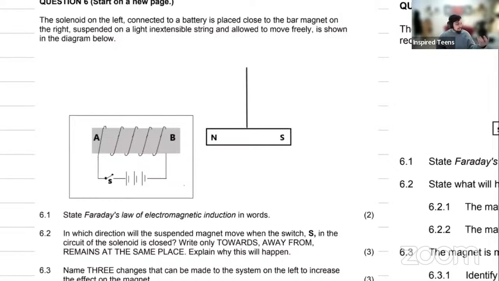Okay, I want you guys to tell me what you think. Is it going to move towards, away from, or would it just remain the same? You don't have to tell me why, just tell me what you think. Tell me the answer, and then we can discuss it.